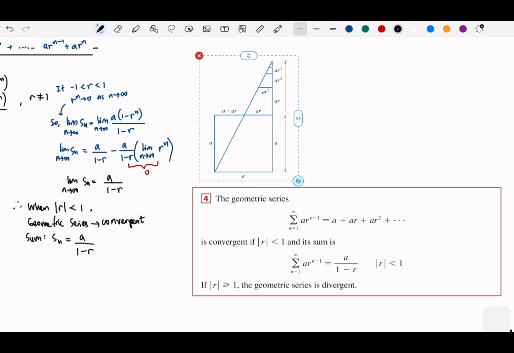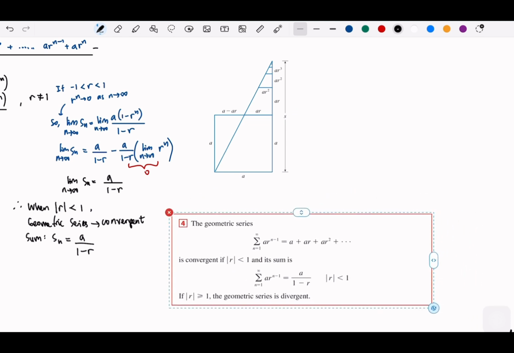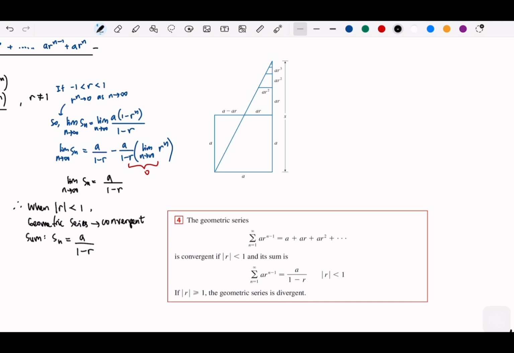And uniquely, the geometric series can also be understood geometrically, so that's how it got its name. Suppose we have a square with sides equal to a. Then we multiply that a by r, where the ratio should be a fraction, so we get a r, and another square.